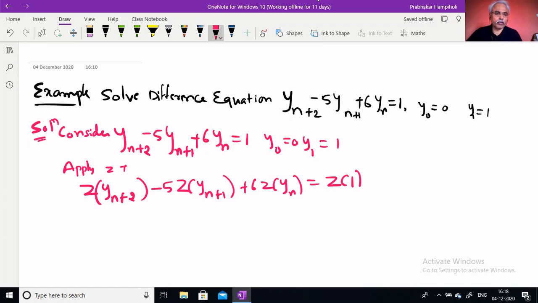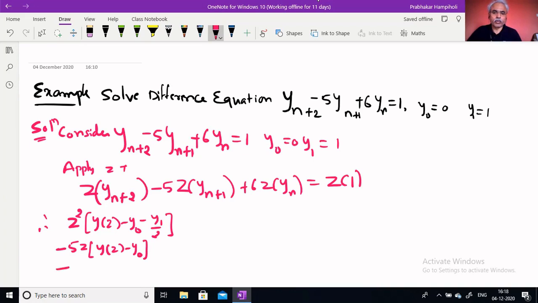So now the first term, applying the shifting theorem, z square yz minus y0 minus y1 by z. Second term, minus 5 times z into yz minus y0.